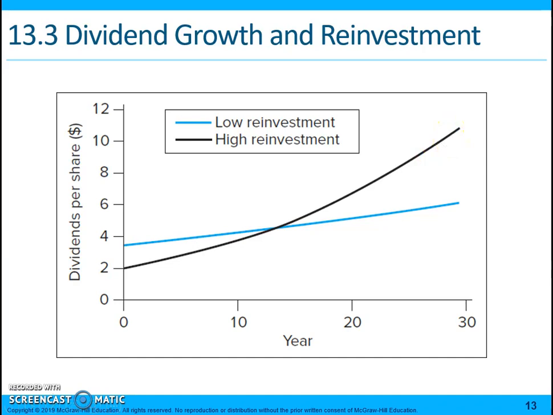So it simply has to do with the reinvestment of the company's earnings. If those earnings are reinvested and the company has profitable projects to invest them in, it will have a higher growth rate of dividends.